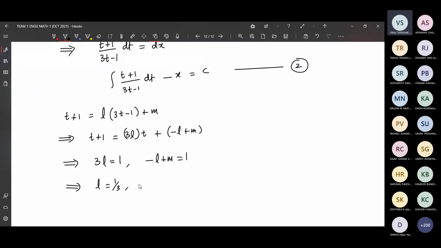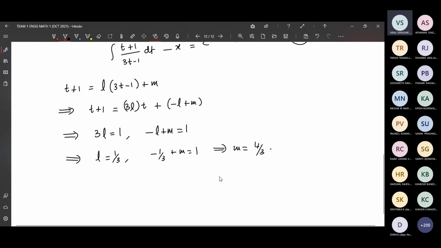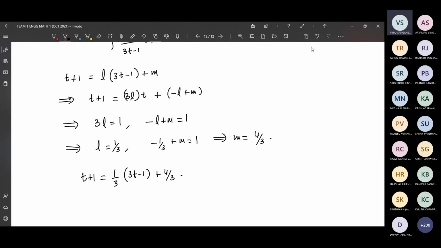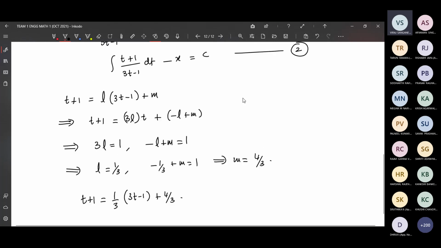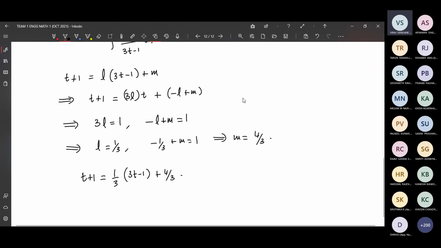Substitute l here: minus 1 by 3 plus m equal to 1, means m is 1 plus 1 by 3, 4 by 3. So t plus 1 is resolved as 1 upon 3 times (3t minus 1) plus 4 by 3. So you can now use integration for t plus 1 in this way.